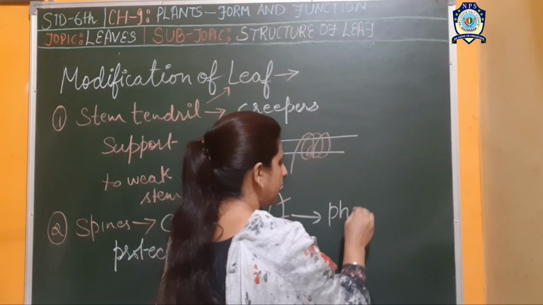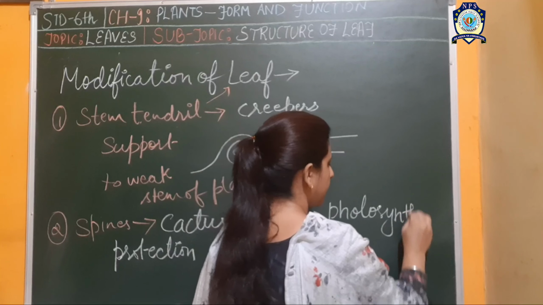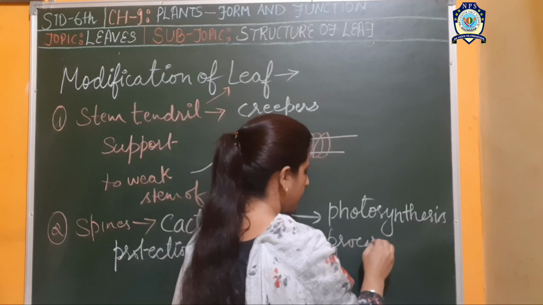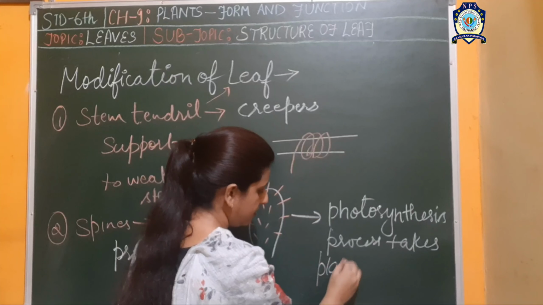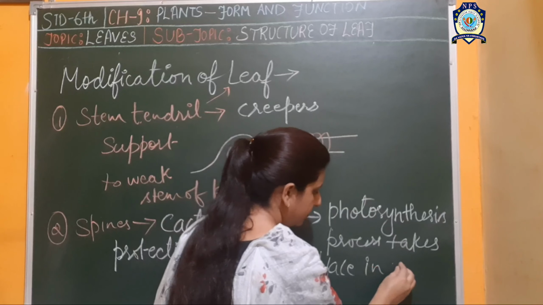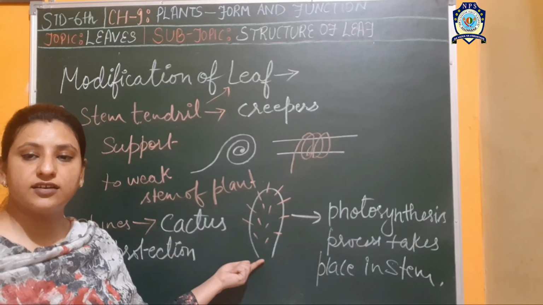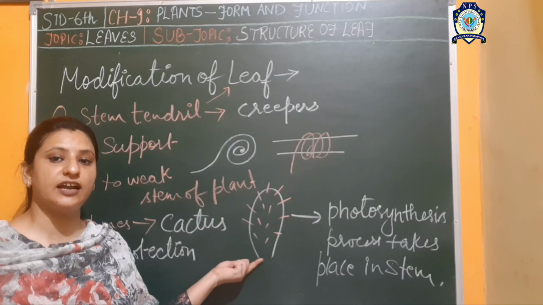So in case of cactus, the photosynthesis process takes place in the stem, because the stem of the cactus is green in color, and we know that any part which is green in color is having what?